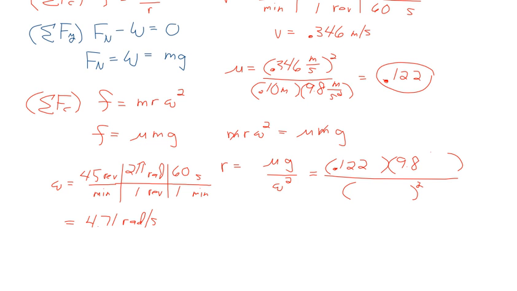Gravity is 9.8 meters per second squared. And I'm going to put in 4.71 radians per second. And I'm just barely going to get this problem in. The answer for the R is 0.0539 meters. So about 5.4 centimeters.